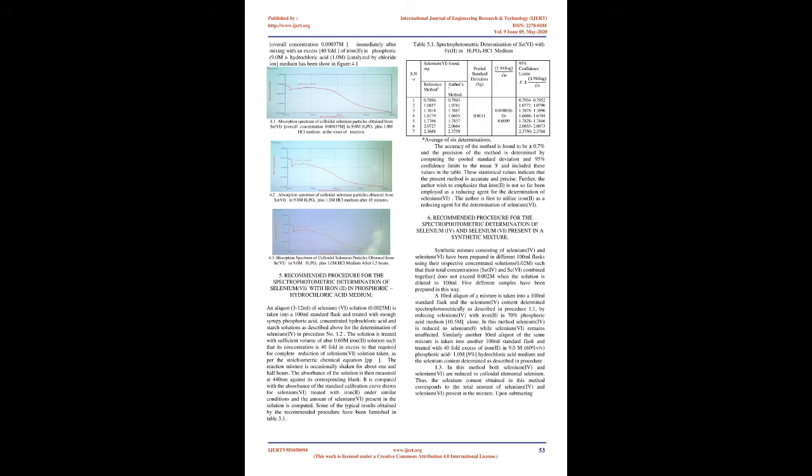After adding about 4 ml of 20% V/V starch solution, the reaction mixture is treated with enough 0.60 M iron(II) solution such that its concentration is 20-fold in excess to that stoichiometrically required for the complete reduction of selenium(IV) taken, and the solution diluted to the mark.